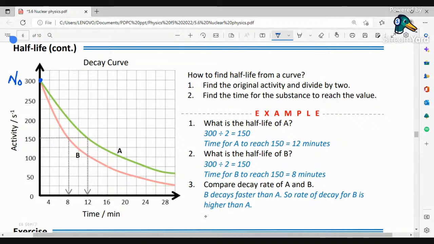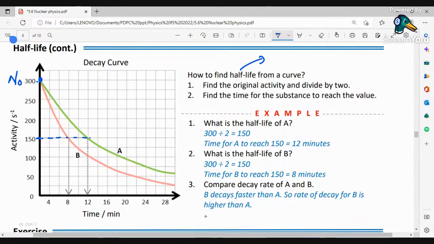How to find half-life from a curve? Okay, kita cari dulu N0 kat mana. Ini awalnya di sini. Definition untuk half-life tadi apa? Time taken for activity to become half. Kalau initial ialah 300, we need to find half of it, 150. Then use ruler, draw dash line like this.